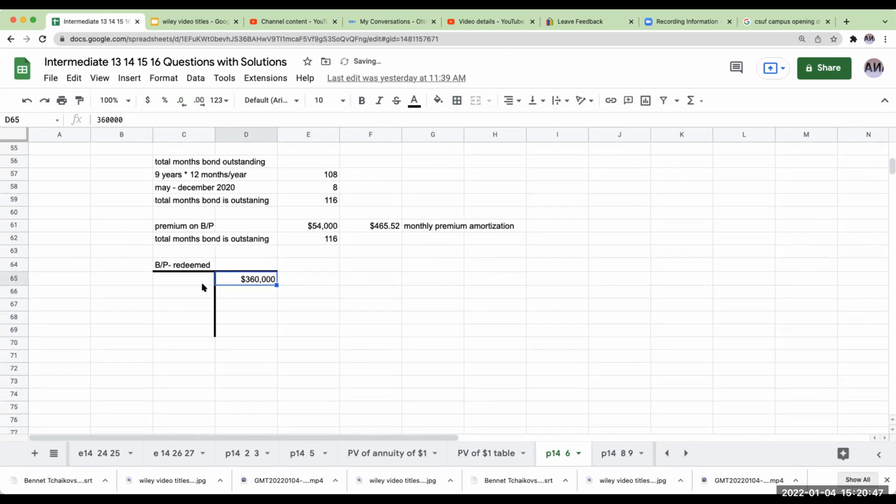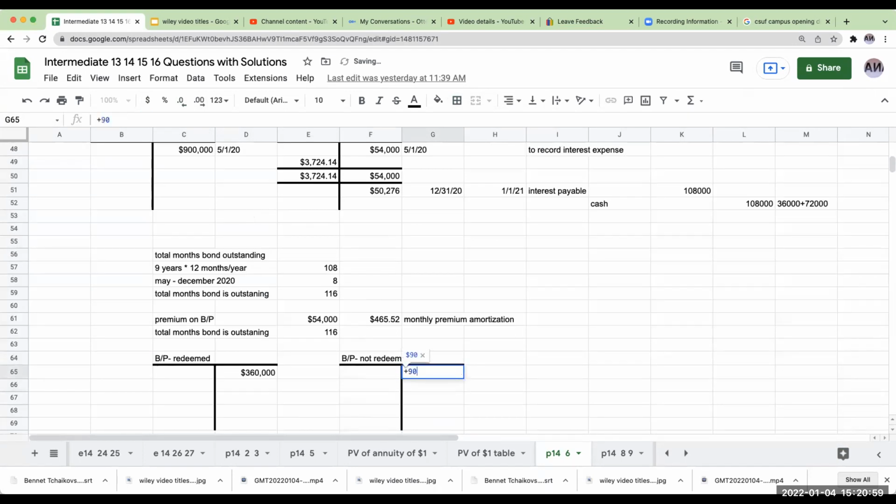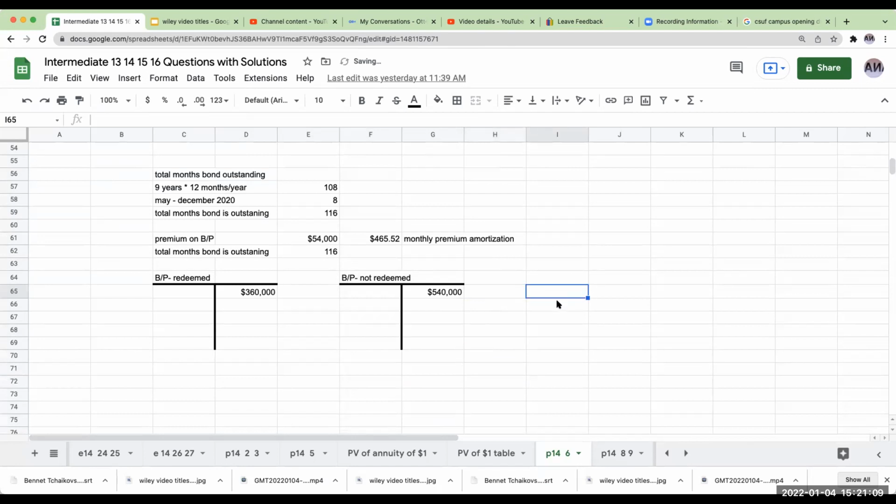Then I'm going to show my bond payable non-redeeming, which is the difference between 900,000 and 360,000, or 540,000. Again, I'm still keeping the liability intact, I'm just splitting it up. In terms of percentages, you've got a total of 900,000. This is 40% and this is 60%.